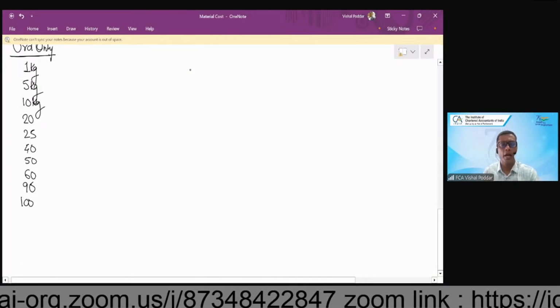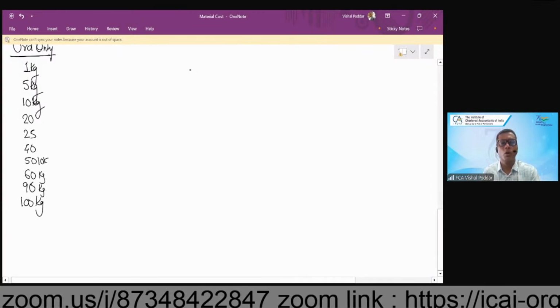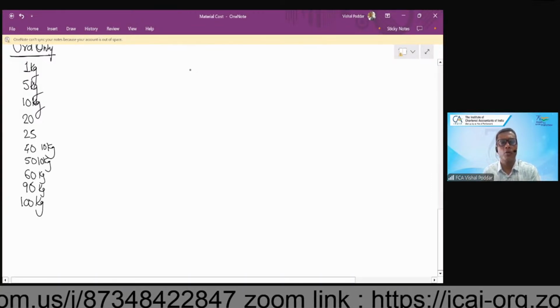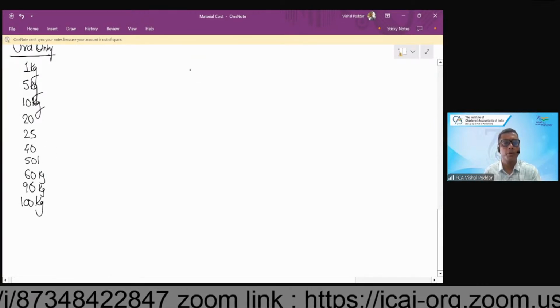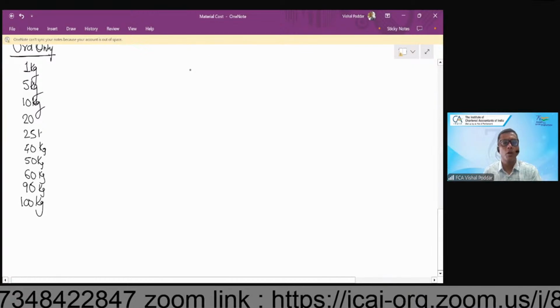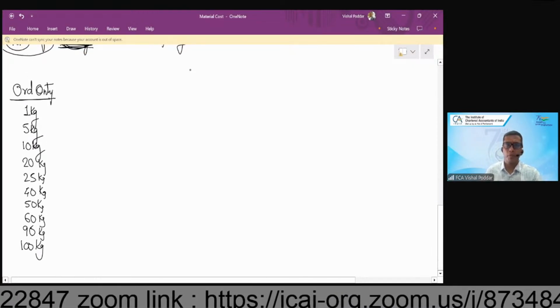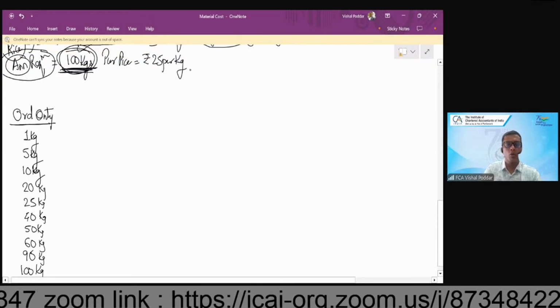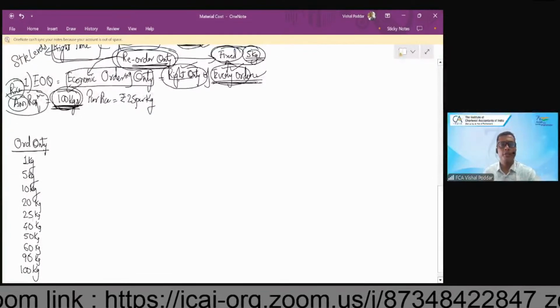I'm just taking random figures to give you an example of how you will find out the right quantity of purchase, since somebody asked us. Now, I have so many options and choices to decide from. I need to ensure that in the whole year, I'm able to satisfy this 100 kgs requirement.